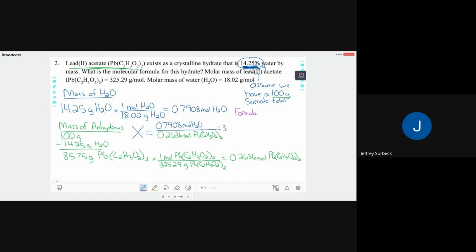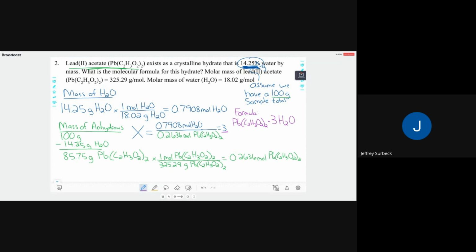That's not going to change; the anhydrous is not going to change. Pb(C2H3O2)2. And then remember, we have that dot to say water is attached there. We just took the time while we did this problem to say we have 3 of those waters. So we would put 3, and then for water, H2O.